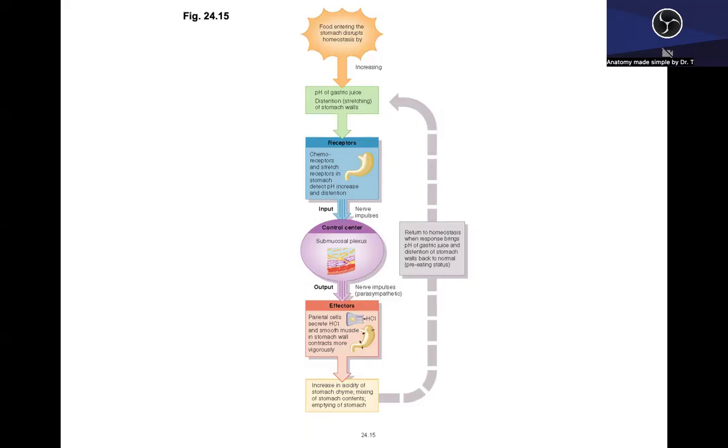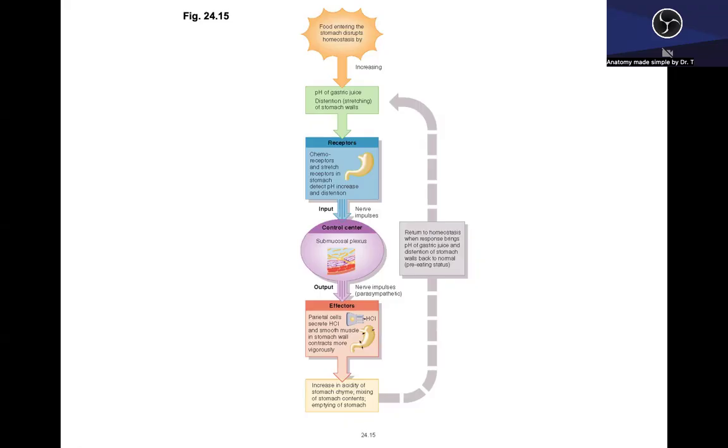And the output is stimulating parietal cells for more hydrochloric acid secretion. Smooth muscles in the stomach wall start contracting more vigorously, allowing mixing of the content which arrived into the stomach with the stomach's own juices.